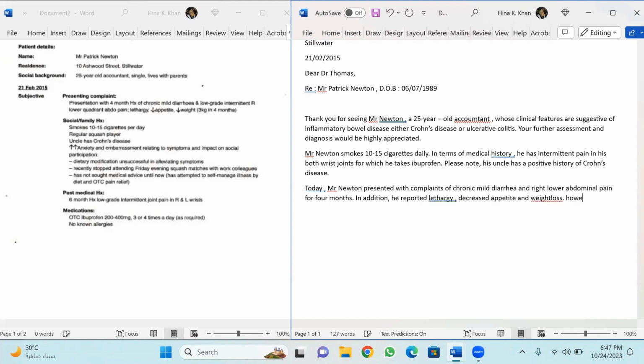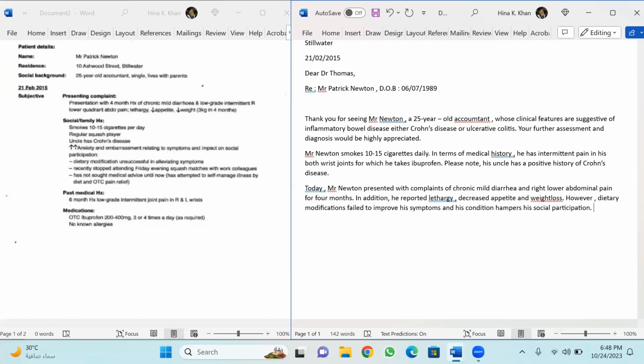We will just mention it: however, comma, dietary modification failed to improve his symptoms and his condition hampers his social participation.